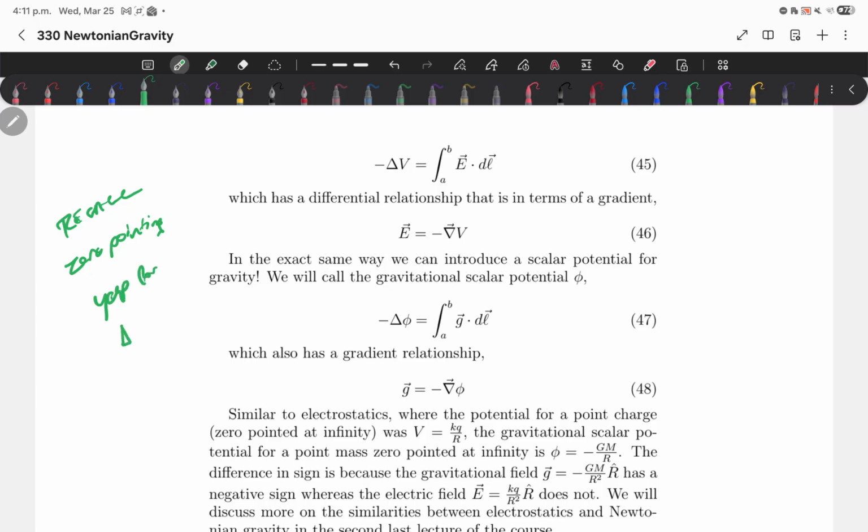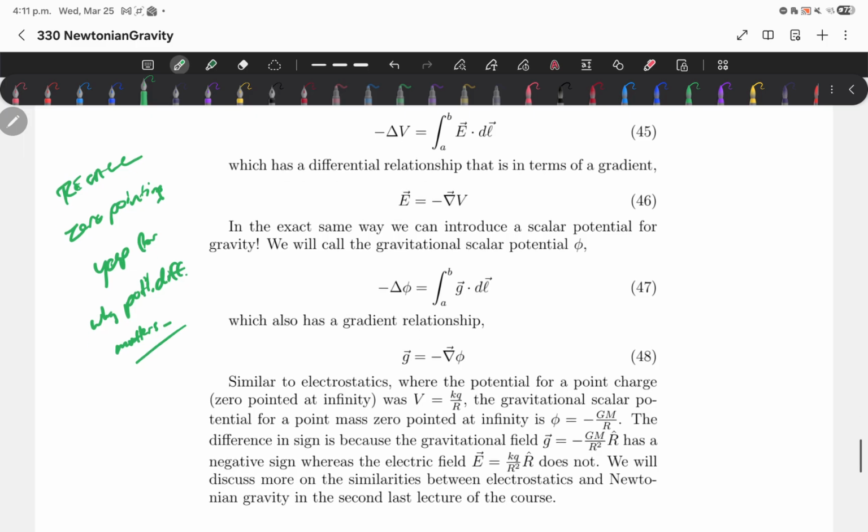The big difference is the negative signs in the fields. So for example, if we want to find the potential with zero point at infinity, we got kq over r for the electric point charge. For gravity, we would get negative GM over r.